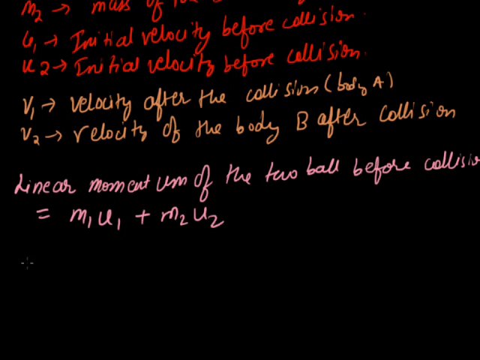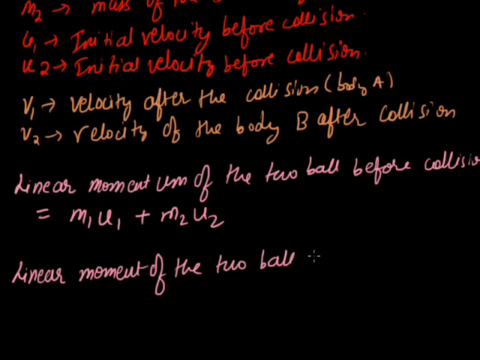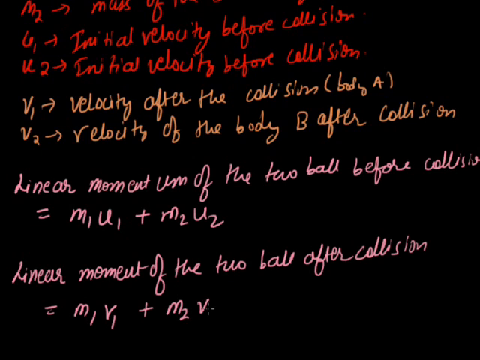Now we write the linear momentum of the two balls after collision. It will be written as m1 into velocity v1 plus m2 into velocity v2.